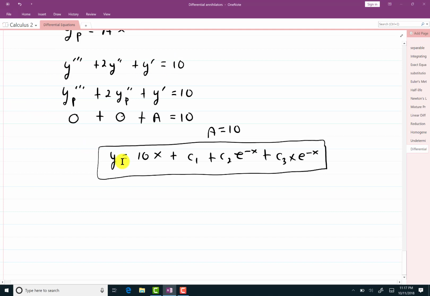Remember, to get a yp, all you've got to do is find anything, and I mean anything, that you plug into this equation that pops out to equal 10. If you take 10x and plug it in here, you'll get 10. So anything that's simple like that, try it right off the bat, see how it works, and it should almost always work. Like if you have any kind of a constant here or any kind of a simple polynomial, it's usually pretty easy to do these things.